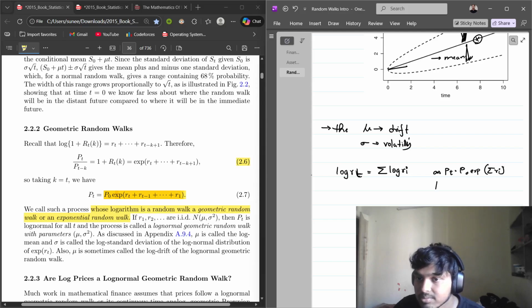If you take the log on both sides, log P_T would be something like this.